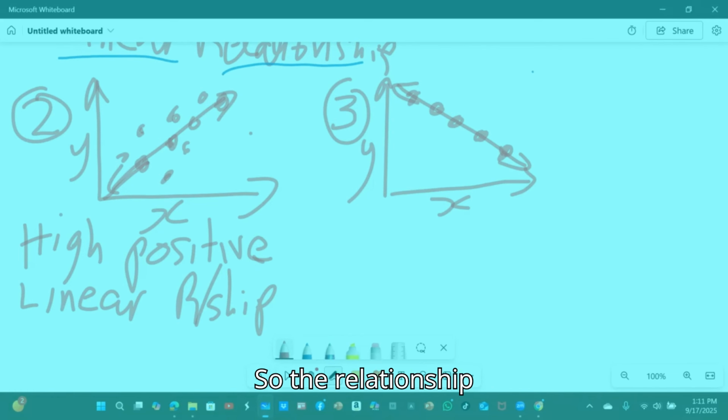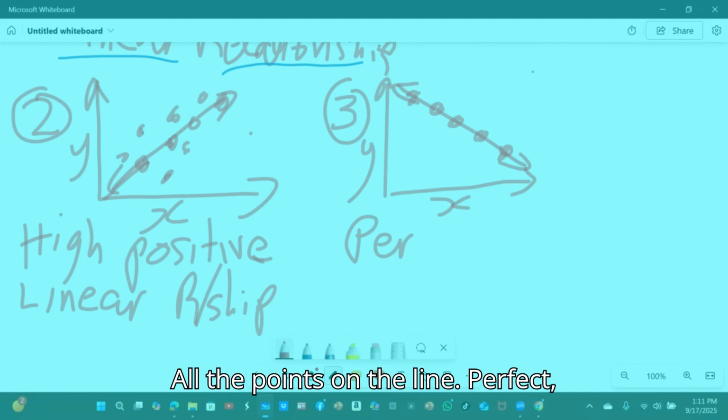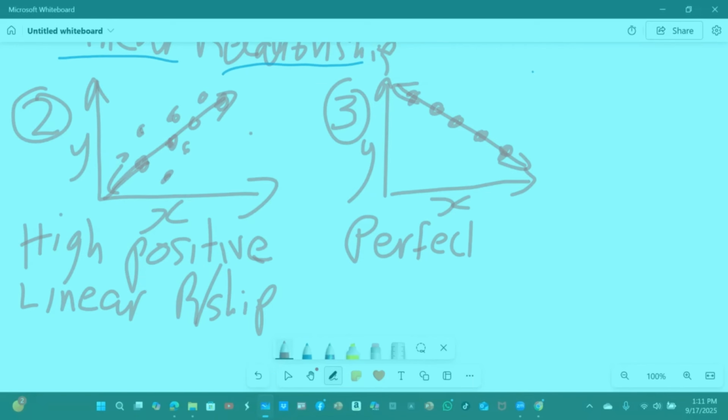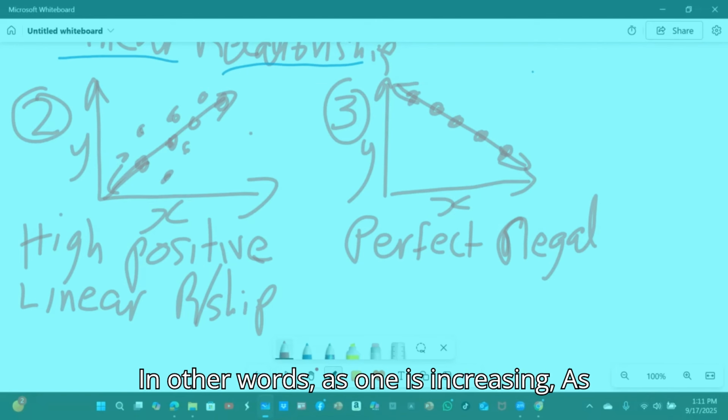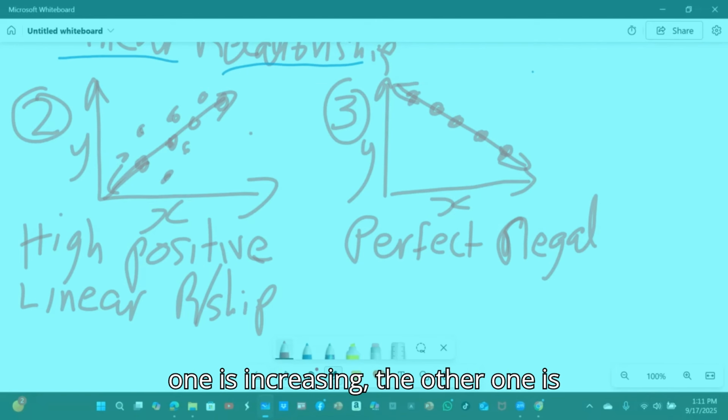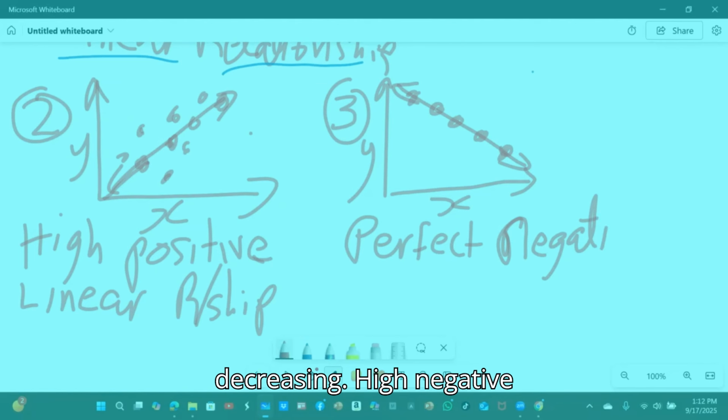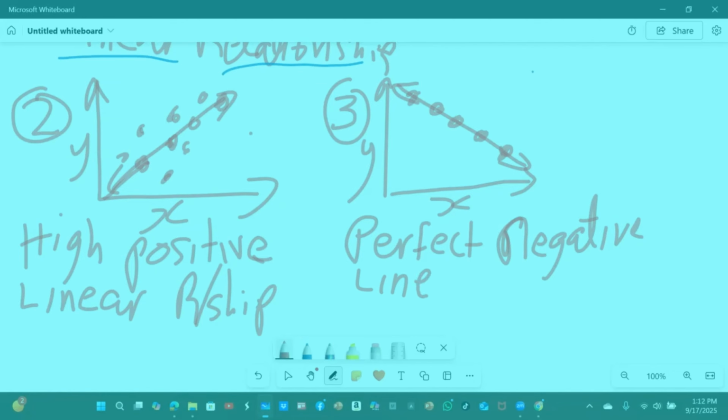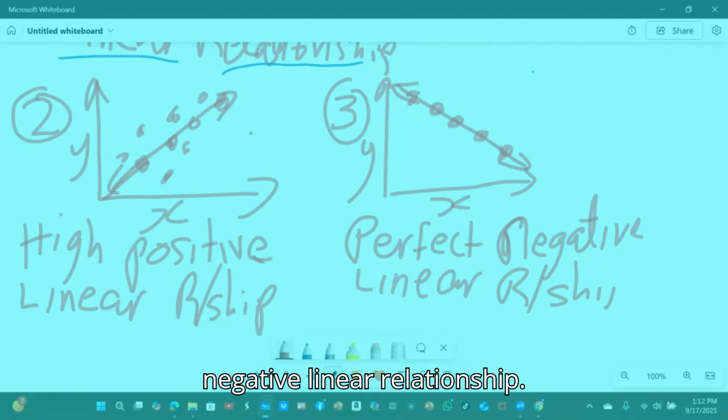The relationship between x and y is perfect, why perfect? All the points are on the line. Negative, why negative? The line has a negative slope. In other words, as one is increasing, the other one is decreasing. Linear relationship.